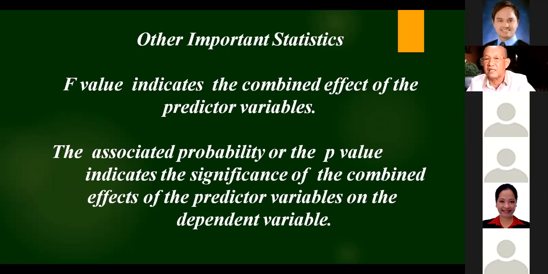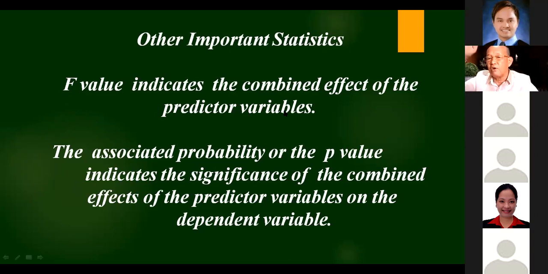So what I'm saying is, the B and the beta coefficients explain the individual effects of the variable. What about the ANOVA or the F value? The ANOVA or the F ratio explains the combined effect of all independent variables.